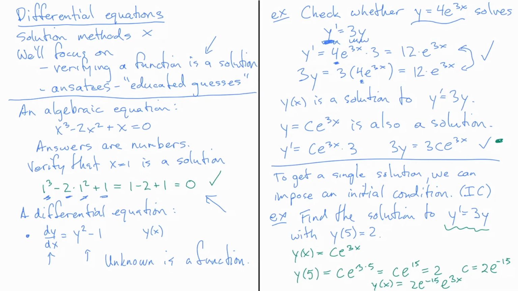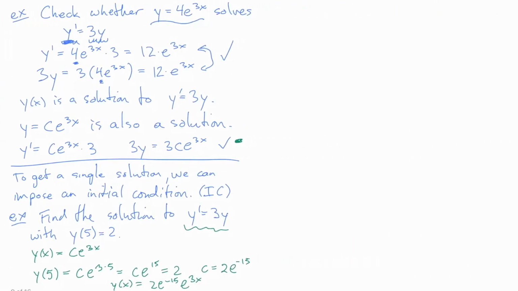But what I'm going to do is show you how to think about this in a slightly different way that makes it a little bit easier to understand how this solves the initial condition very quickly just by looking at it. So I'm going to flip to the next page and rewrite y of x is equal to 2e to the minus 15 e to the 3x.